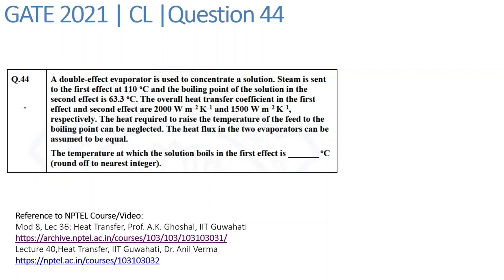The overall heat transfer coefficients in the first and second effect are 2000 watt per meter square Kelvin and 1500 watt per meter square Kelvin respectively. The heat required to raise the temperature of feed to the boiling point can be neglected. The heat flux in the two evaporators can be assumed to be equal. The temperature at which the solution boils in the first effect is ___ degree Celsius.